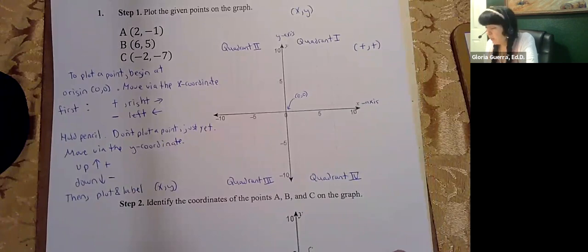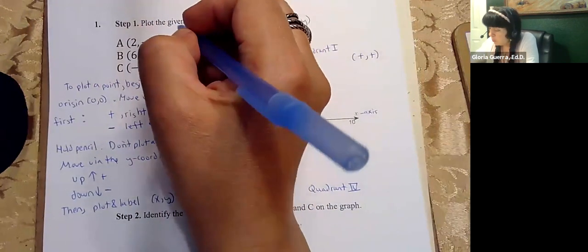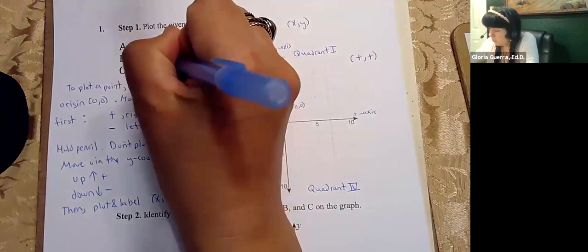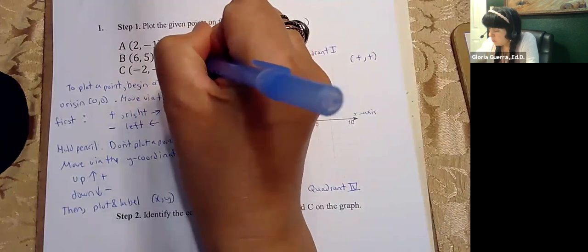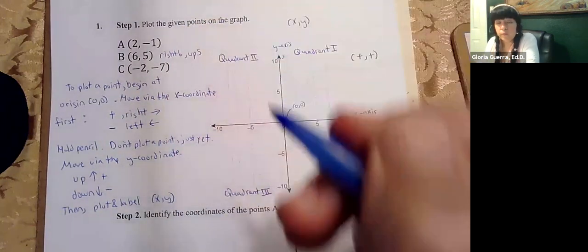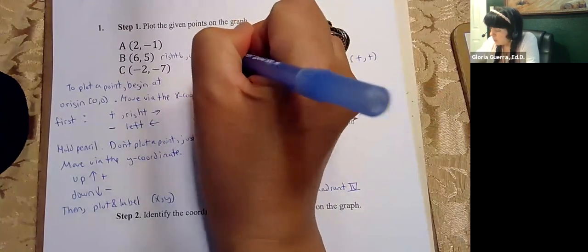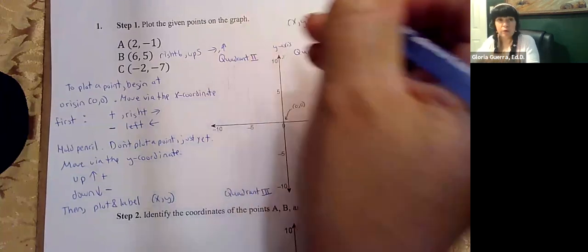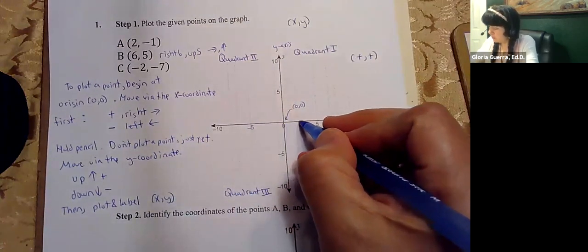So 6, 5 is telling you that you're going to move right 6, and then you're going to move up 5. Right 6, up 5, and you do that from the origin.